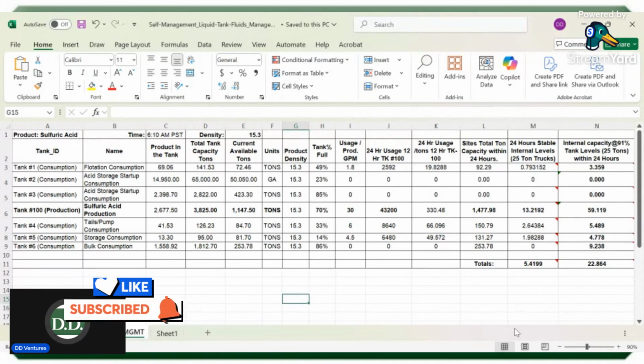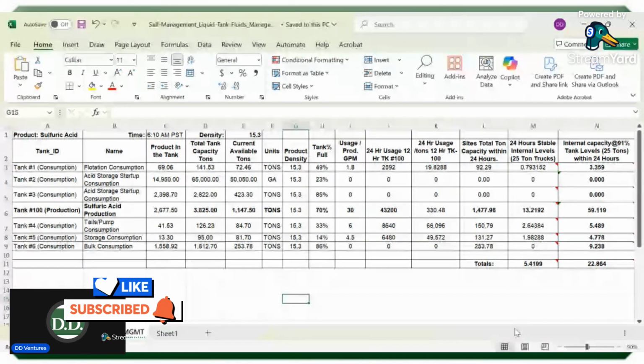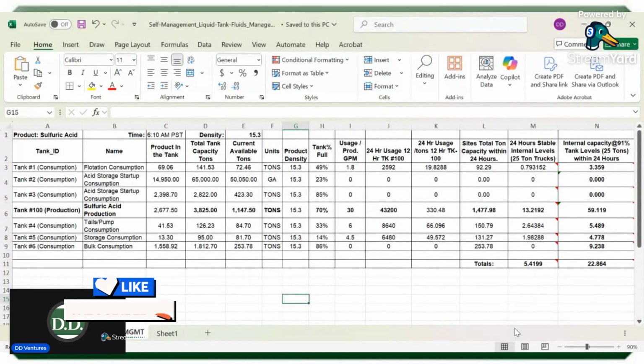In this particular example, the production site is one site. It has so much available tank space, and based on how much the site actually produces from a gallons per minute perspective, in column I is your gallons per minute.